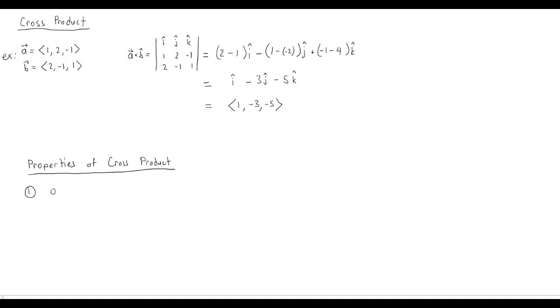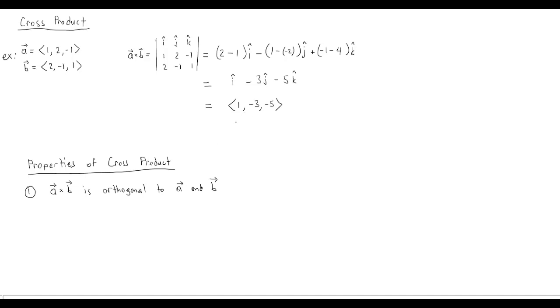So if you will, A cross B is going to be orthogonal to both A and B. Okay? And you can verify that in the earlier example.